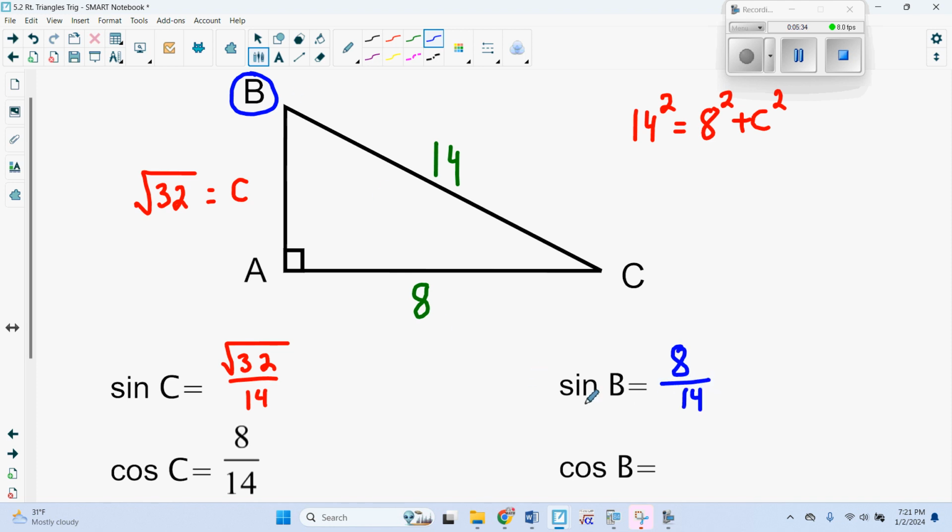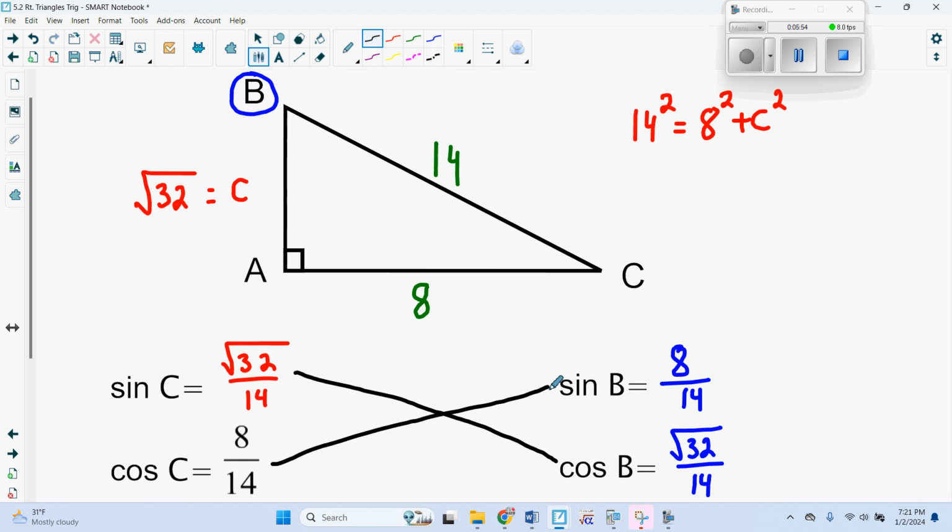The cosine of B is the square root of 32 over 14. So notice when you're dealing with these right triangles, there are these relationships known as cofunction identities, where this sine equals that cosine, and this cosine equals that sine.